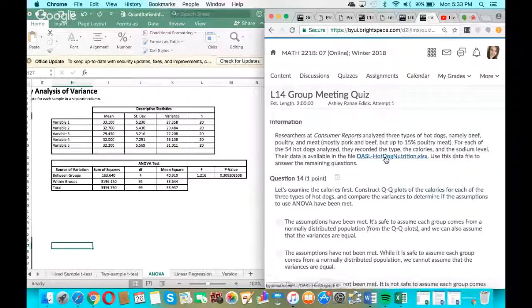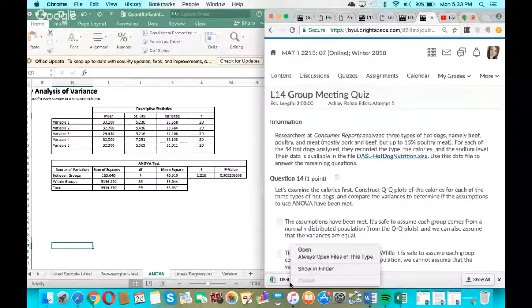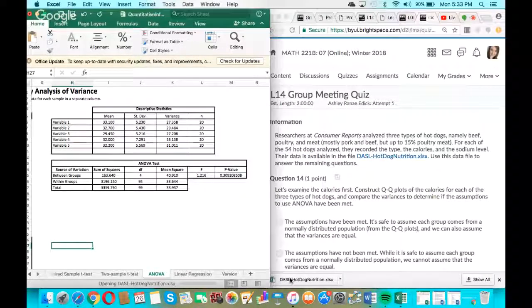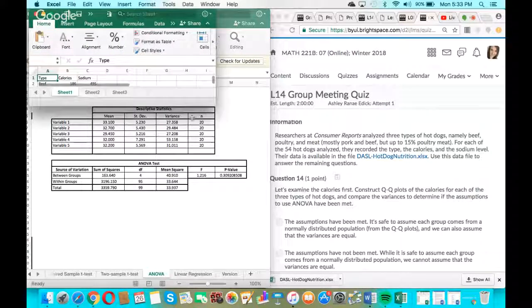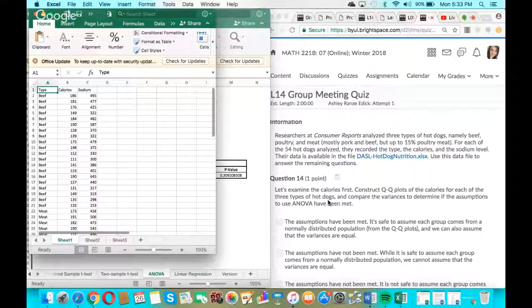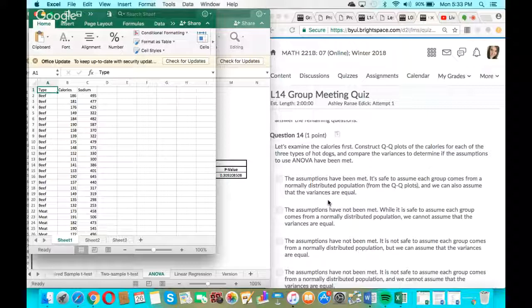Okay, let's get this one up and running. Let's examine the calories first. Construct QQ plots of the calories for each of the 3 types of hot dogs and compare the variances to determine if the assumptions to use an ANOVA test have been met.